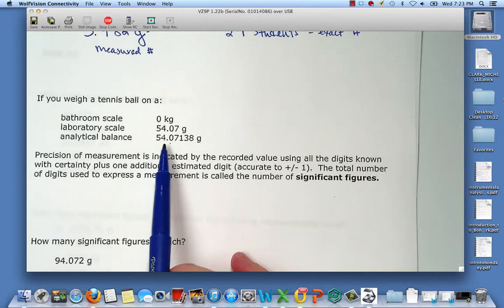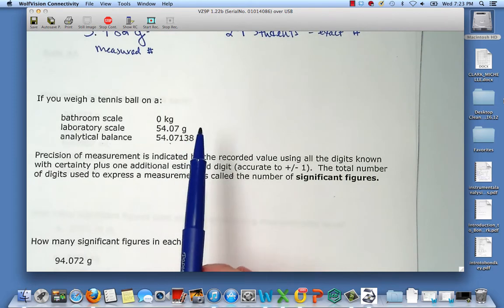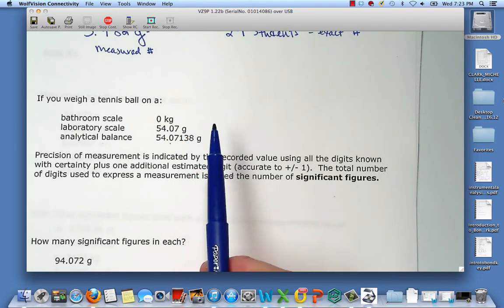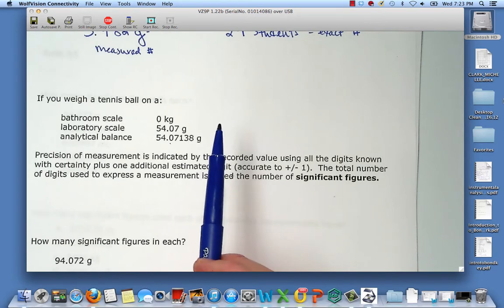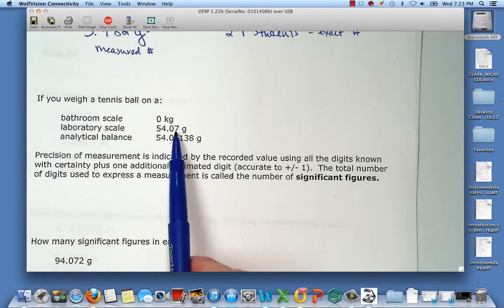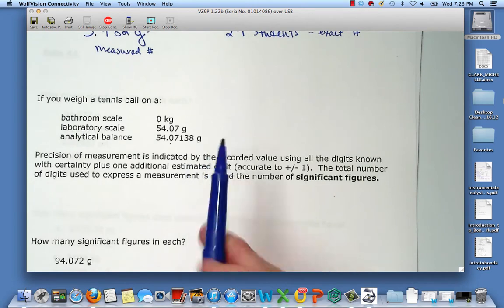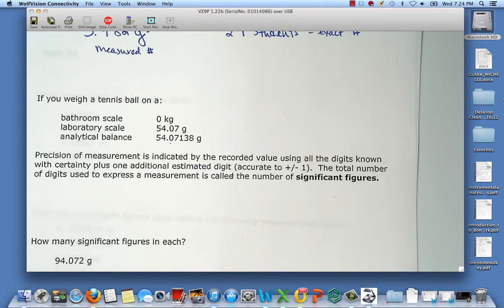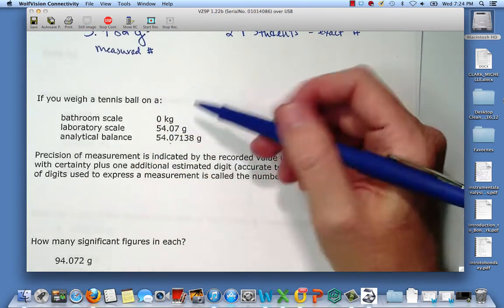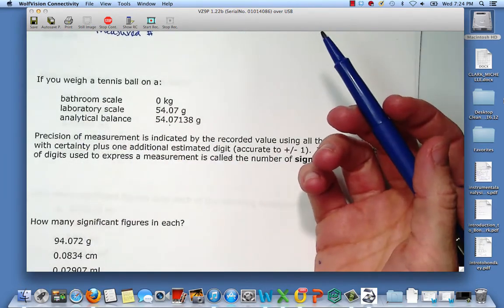If you wrote a journal article and you expressed your mass, maybe it's 3 sig figs, 5 sig figs, that makes a huge difference, because the scientific community would ask, what is the error in this balance? Is it the plus or minus 1 to the hundredths place or the thousandths place or the millionths place? Makes a big difference. So for these measurements, the bathroom scale, how many sig figs does it have?